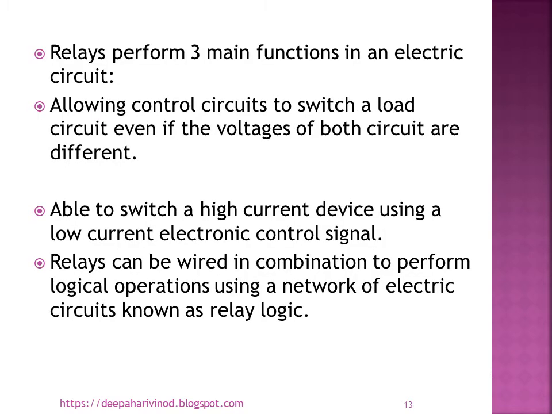A relay performs three main functions in an electric circuit: allowing the control circuit to switch a load circuit even if the voltages of both circuits are different, and being able to switch a high current device using a low current electronic control signal. Relays can be wired in combinations to perform logical operations using a network of electric circuits known as relay logic.